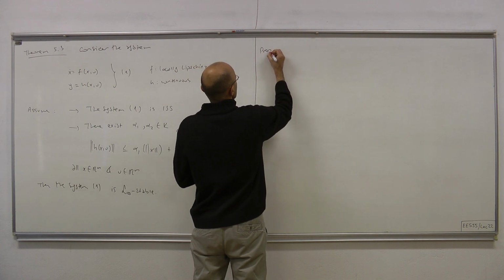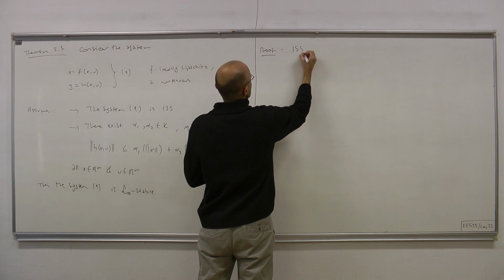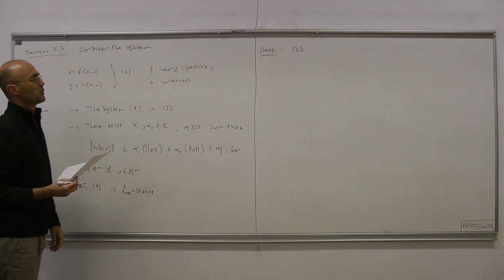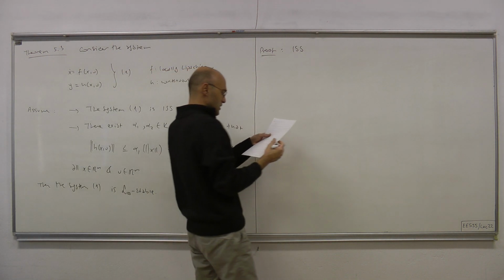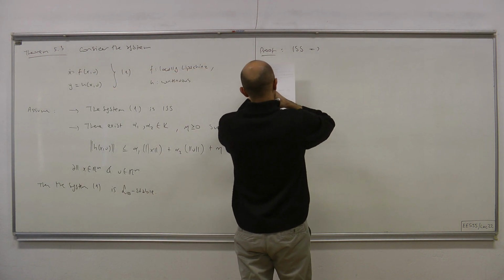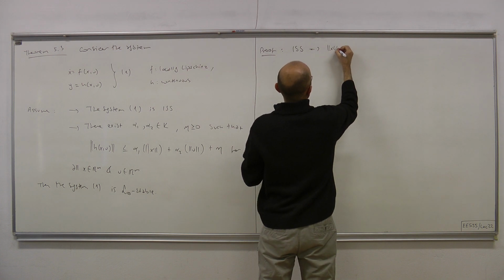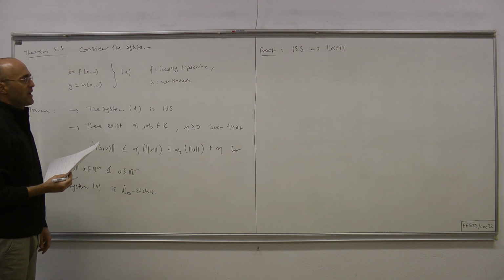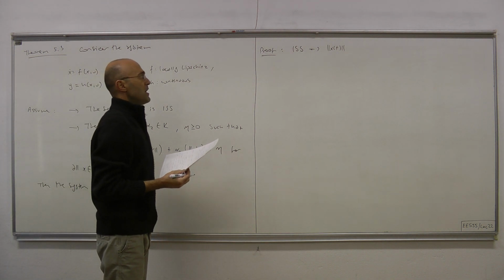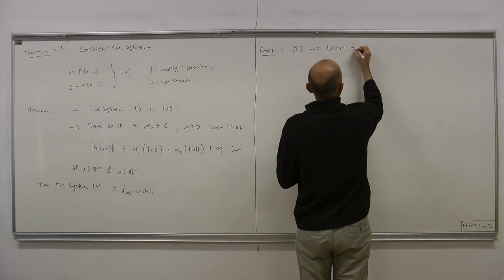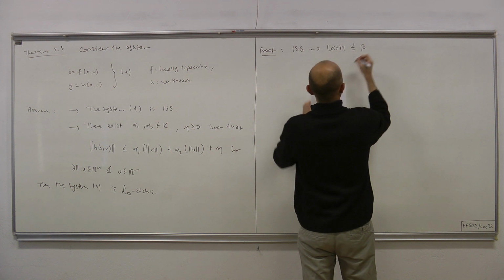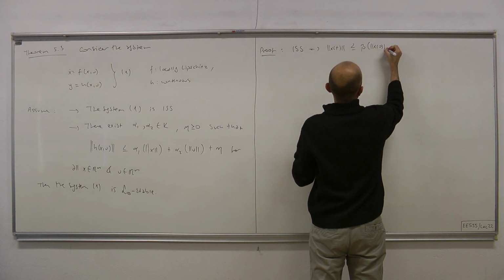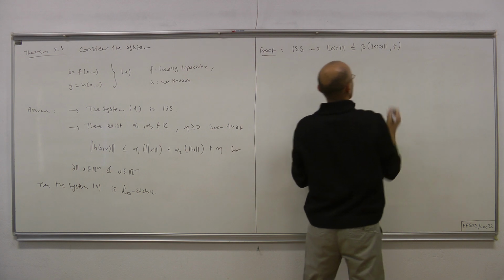Here is the proof. Let's first remember the definition of input to state stability. Input to state stability implies that the norm of the solution of the system, x of t, can be upper bounded by a beta function.